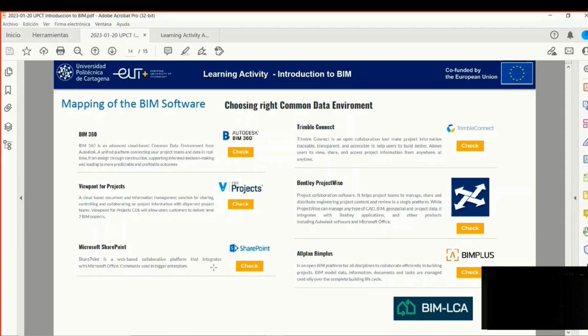Microsoft SharePoint, this is OneDrive of Microsoft, that has not many or any BIM tools, but it's considered another common data environment and can be useful. Trimble Connect. Bentley has its own platform, and Allplan BIM Plus from Allplan, and it has a cost, but this methodology needs this kind of platform.